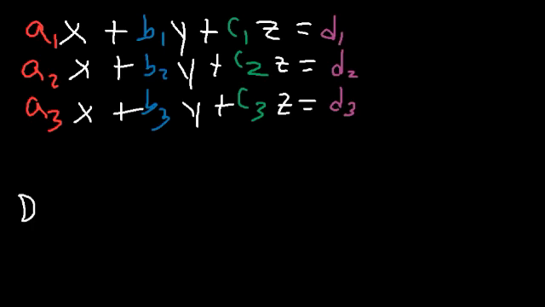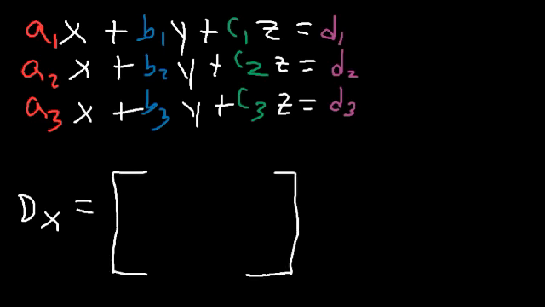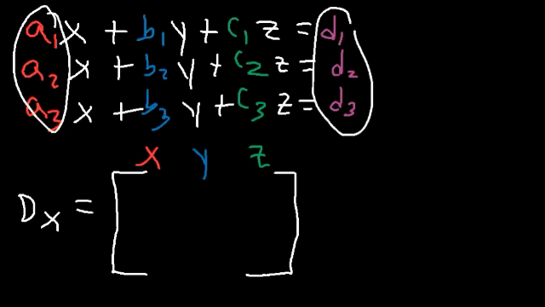So now dx, how can we set up the 3x3 matrix for dx? So the first column is associated with x, the second column is associated with y, and the third column is associated with z. So if you want to find dx, replace the coefficients of x with the stuff that's across the equal sign, d1, d2, d3.